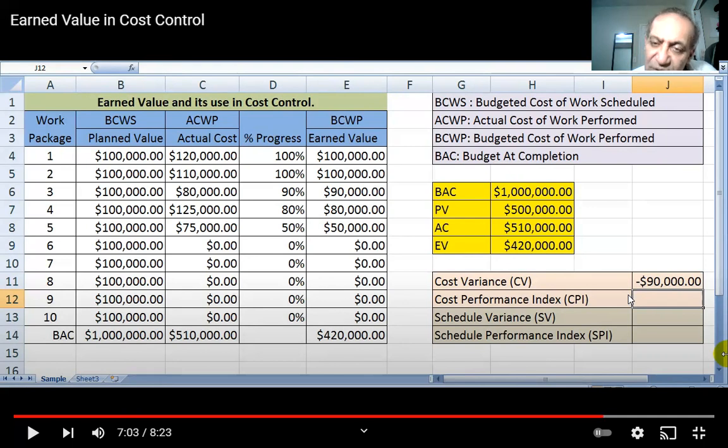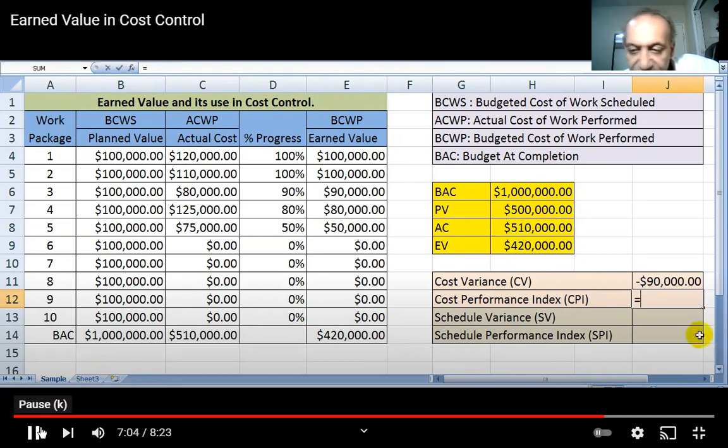That's the reality, because the actual expense is not even the 500, the norm, it is 10 more. And what you did is worth only 420,000. So 420,000 minus 510 means a deviation of 90,000.